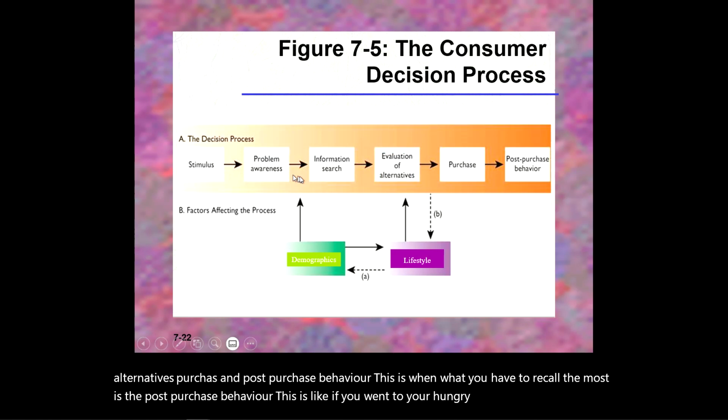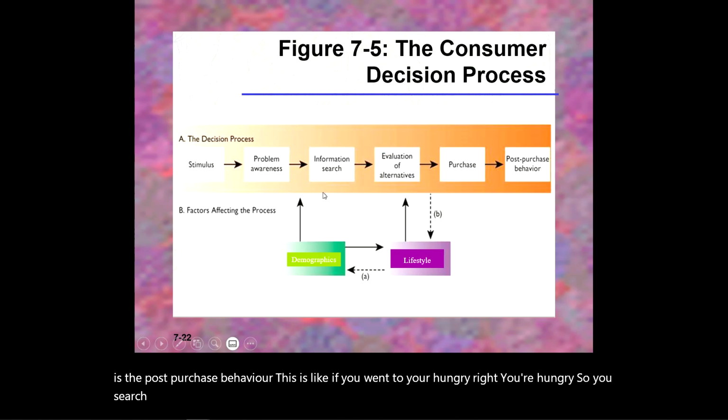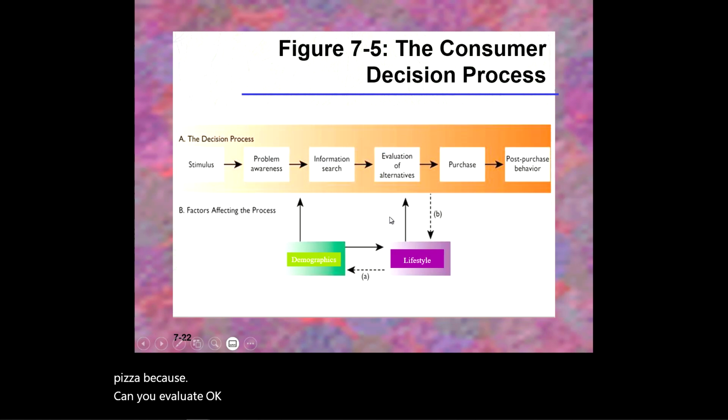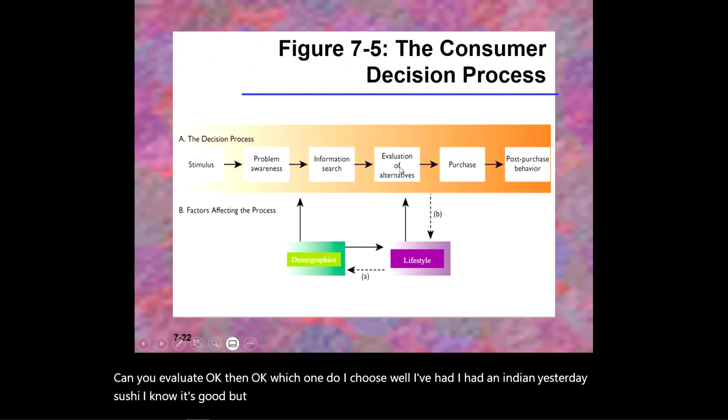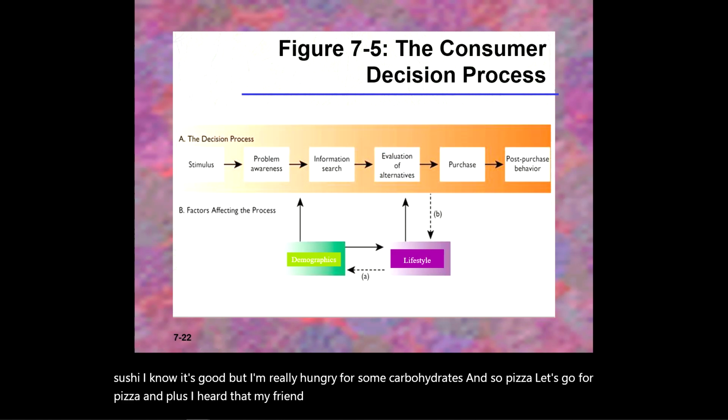You were hungry, so you searched where you want to eat: sushi, pizza, Indian food. Then you evaluate. Which one do I choose? Well, I had Indian yesterday. Sushi, I know it's good, but I'm really hungry for some carbohydrates. Let's go for pizza. Plus, my friend recommended a pizza shop, so I will choose pizza.